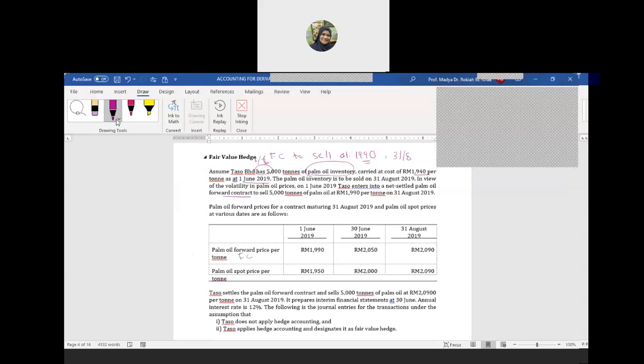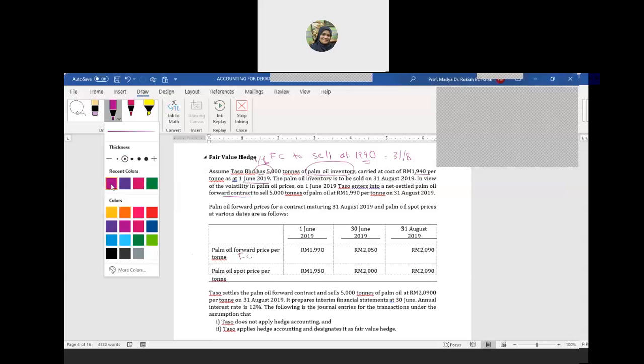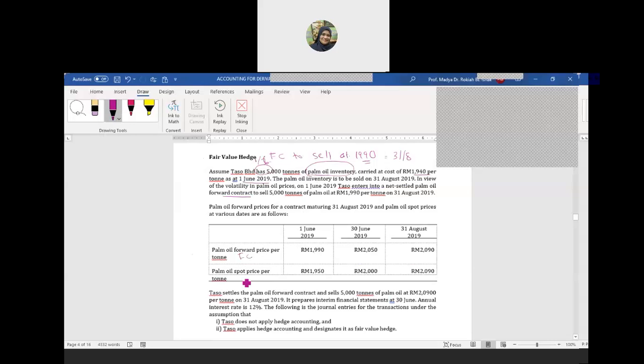And then the other one you have here is the palm oil spot price. The palm oil spot price here is your inventory, the value of your palm oil.